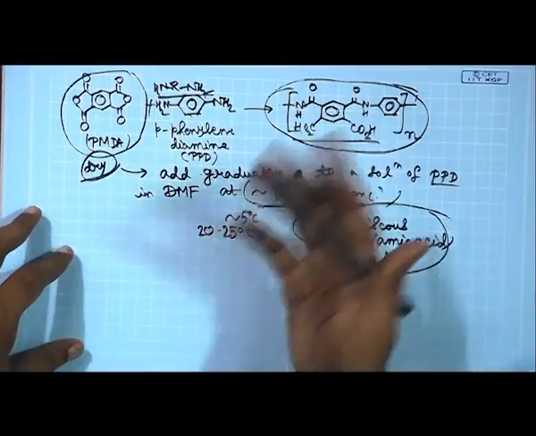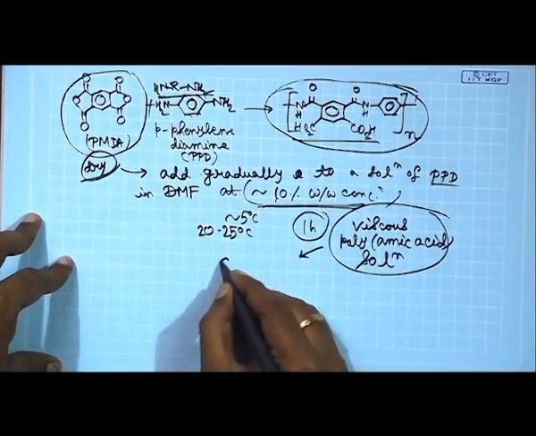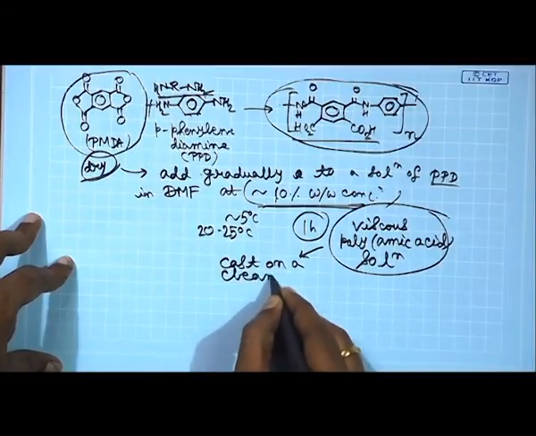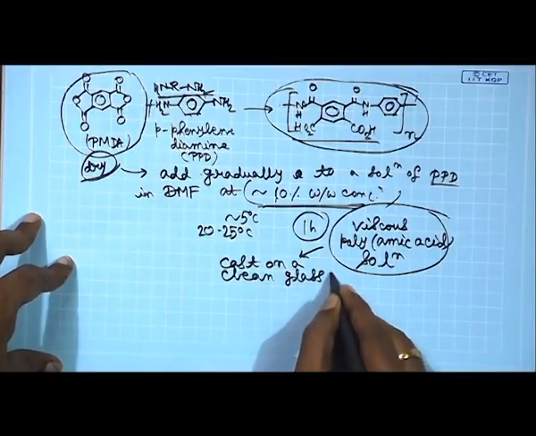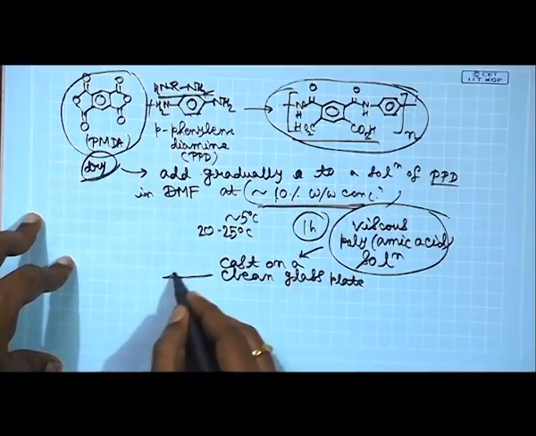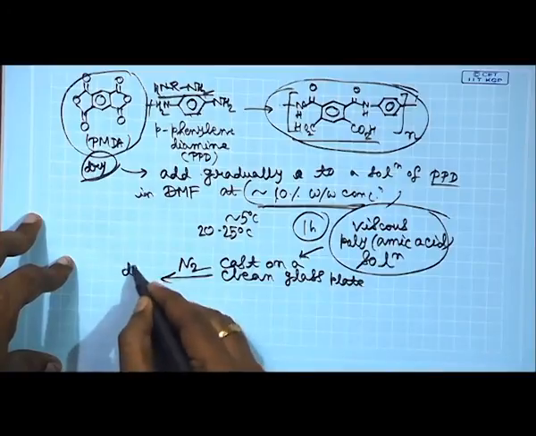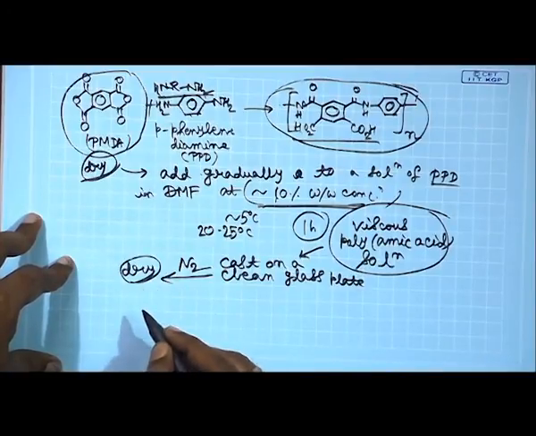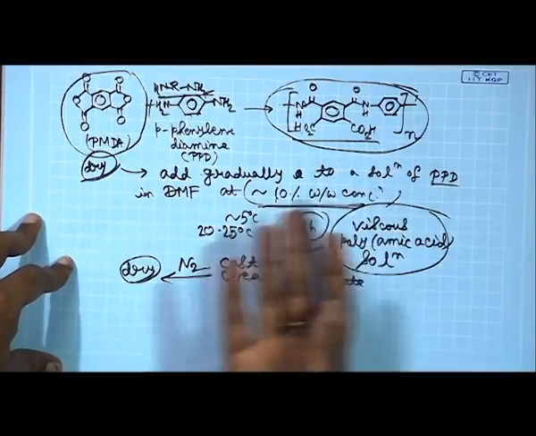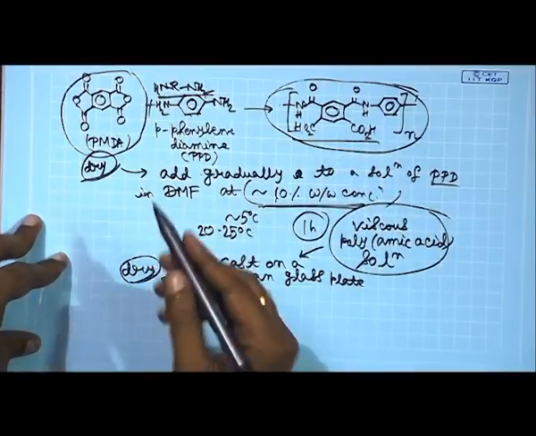So, you take this solution, you cast it on a clean glass plate, and then you allow it to dry under nitrogen. So, what you will get? You will get a film of the polyamic acid on the glass, and then you heat it up further.